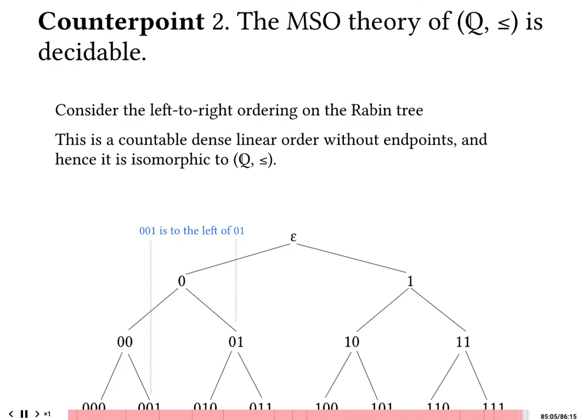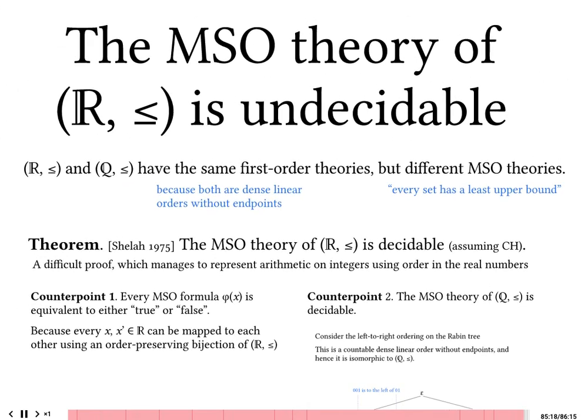So the existing methods need to avoid this either by going into a richer structure of trees where you do have automata, or by developing semigroup methods over the rational numbers themselves. So this theorem shows what the limits of the automata method are. For example, for the ordered real numbers, the MSO theory is undecidable.